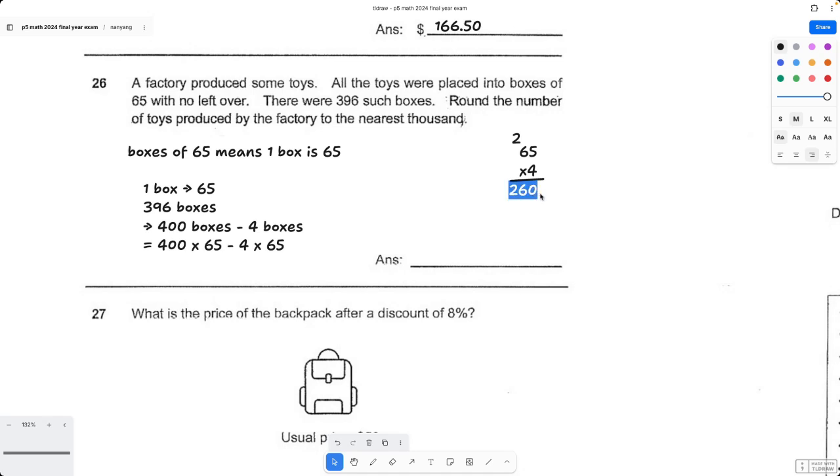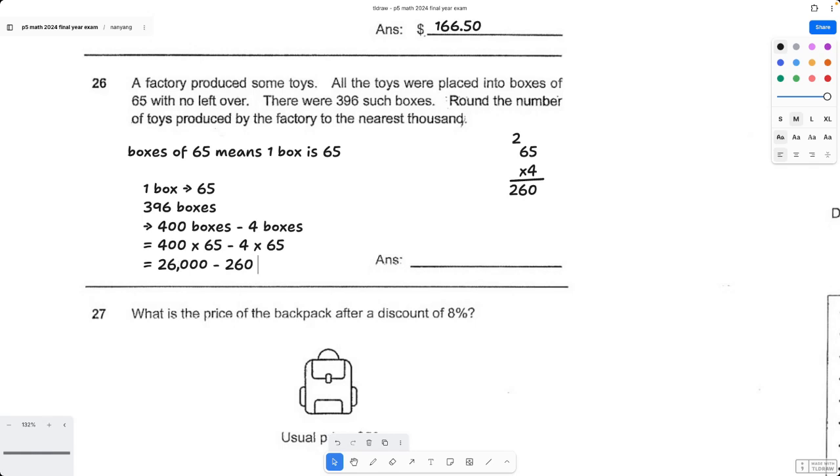So we have minus 260, and this will be 2600. Okay, we have 26,000.